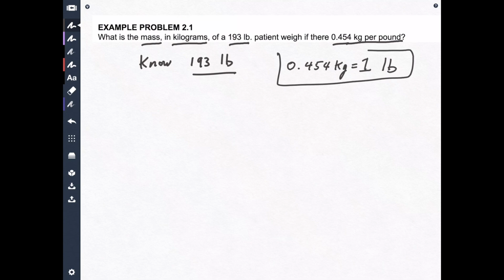This is extremely important. Now, let's see. The best way to solve these problems is to let the units tell you what to do. I mean, do you multiply, do you divide, do you add, do you subtract? It's too much to remember. Let's let the units tell us what to do.